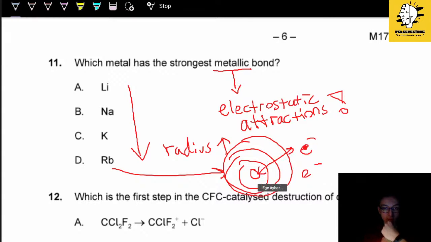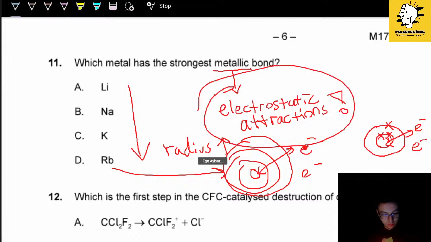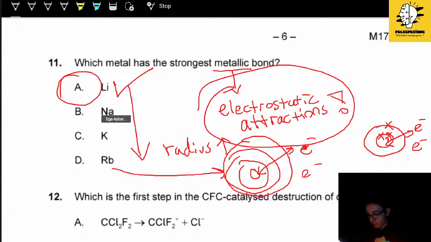But for lithium, and this is the structure for lithium, this is a sea of electrons. So there is less distance between them. So if there is less distance between them, then it would be the strongest metallic bond, because metallic bond is all about electrostatic attraction. And also its melting point would be higher as well than the others.